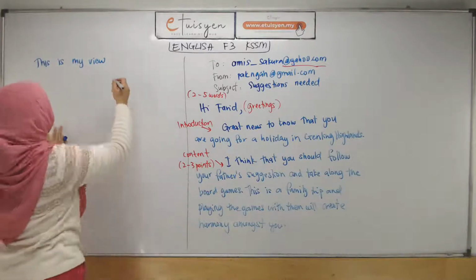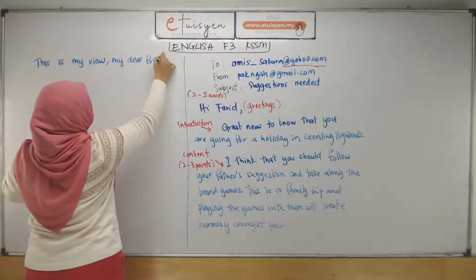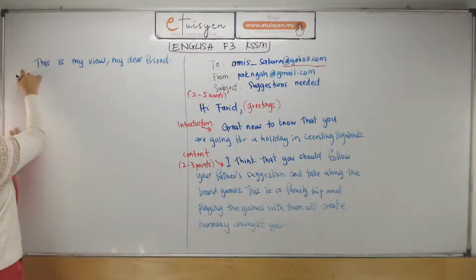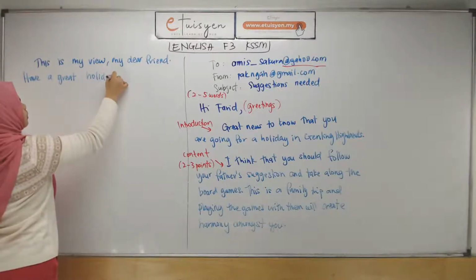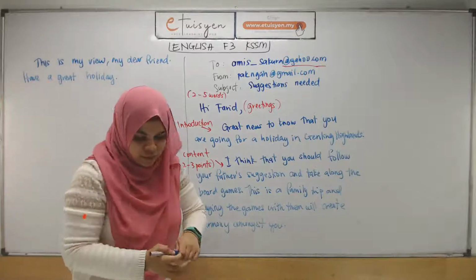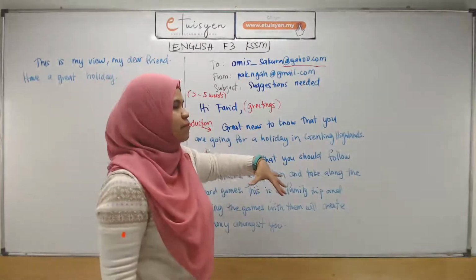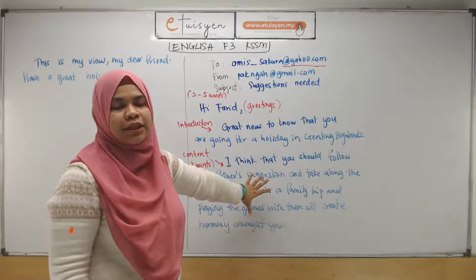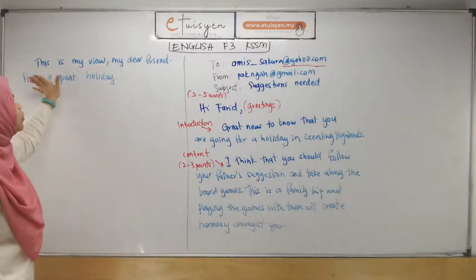So, okay, so here what I did was, dia ni I bagi satu je lah, nak tulis semua kan tak sempat nak habis kelas kan. So greetings, introduction, content 2 to 3 points ataupun 2 to 3 paragraphs, and then after dah tulis paragraph semua, you end it.